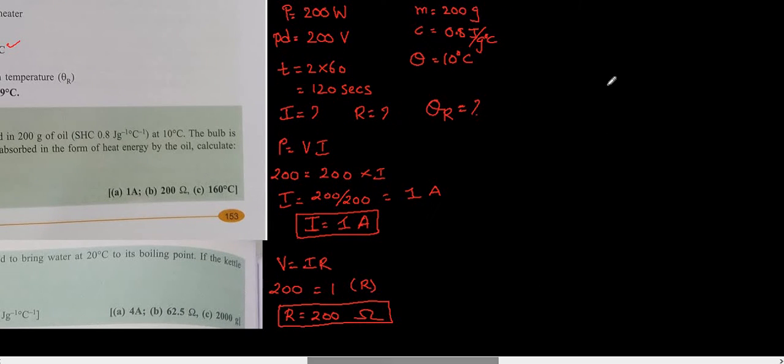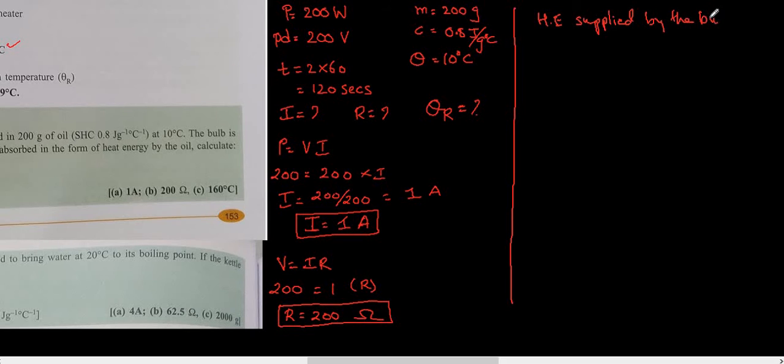The last part, we have to find out for how many minutes the bulb is going to turn on. For 2 minutes, that is 120 seconds. So we are going to write down heat energy supplied by the bulb is equal to how much?